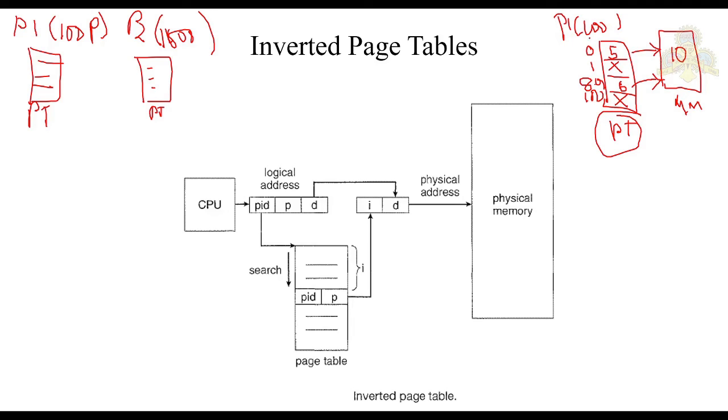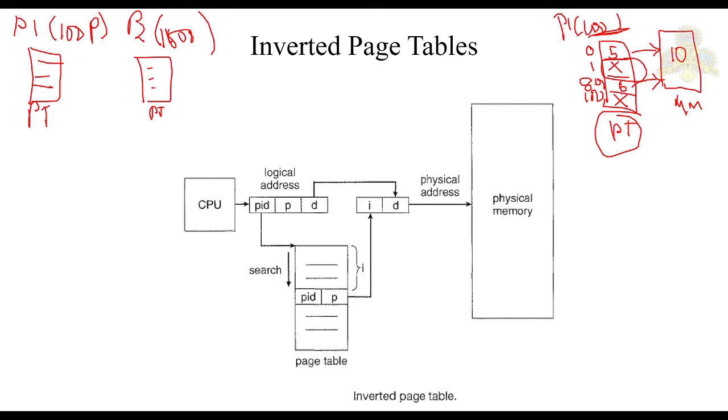Page table will contain 100 entries, and wherever a page has no frame associated in main memory, it is marked as invalid.